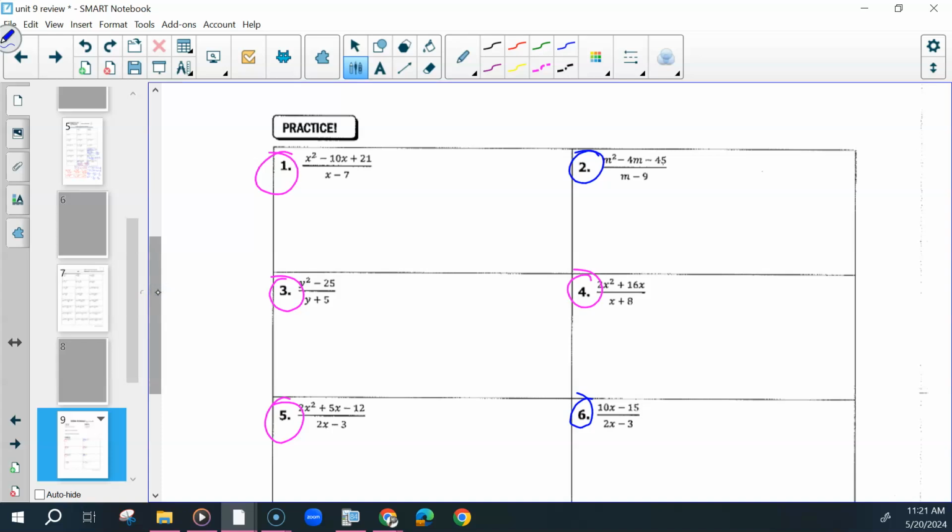Alright, so in number 2, we're going to factor the numerator. That is one of your trinomials where a equals 1. So we're looking for two numbers that multiply to be -45 but add to be -4. What numbers will work?